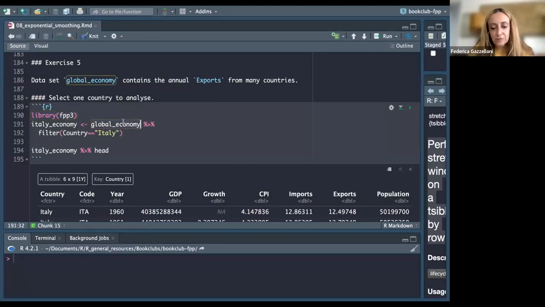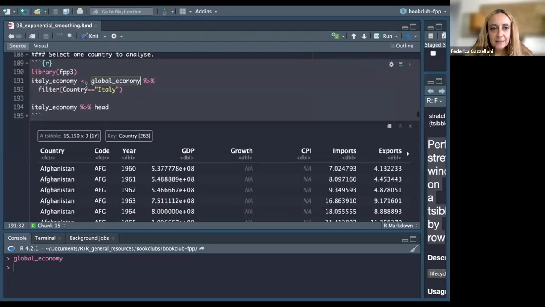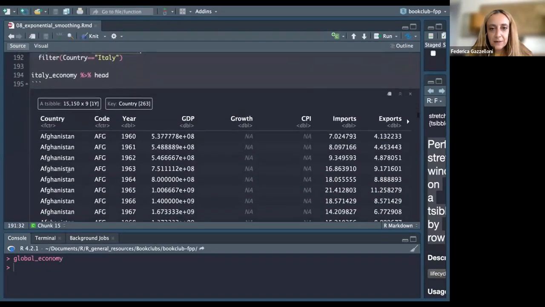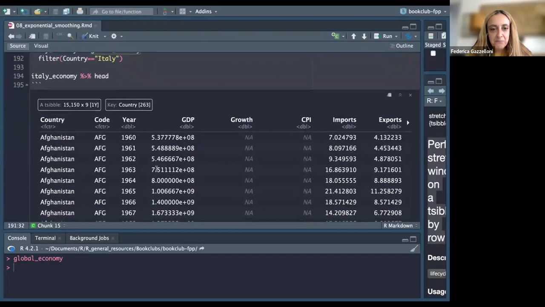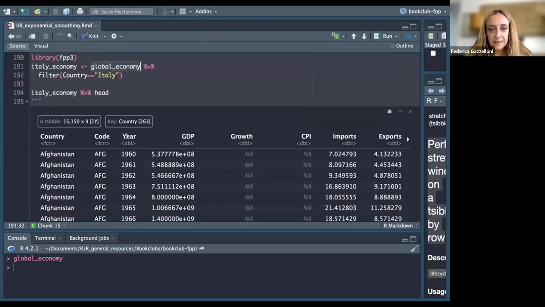Just to do a little recap, this dataset is made of observations from different countries, and what we are interested in are the year and the exports.